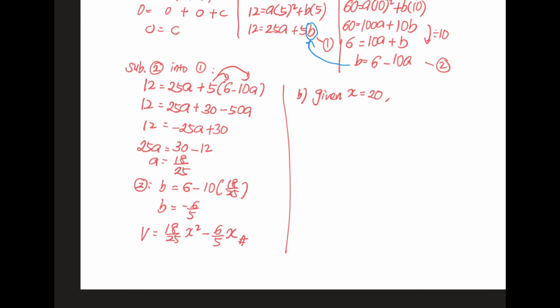So v equal to 18 over 25 times 20 squared minus 6 over 5 times 20. Then I count it. I get 264 liters. So this is the volume of water.